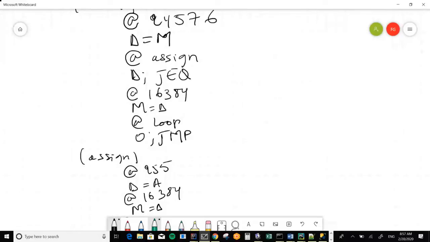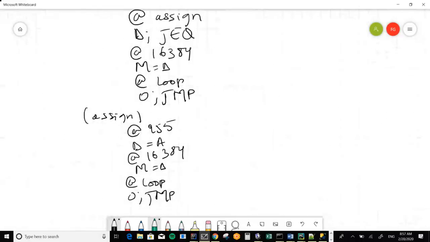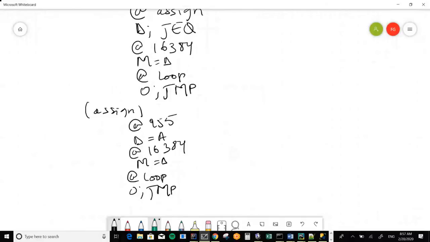So let me assume it was equal to 0. I jump to assign. When I jump to assign, I take this value and save it to my D register, and then I look back at memory, this number, and then I keep the value that I had in D to that memory, and then I look back at the beginning.